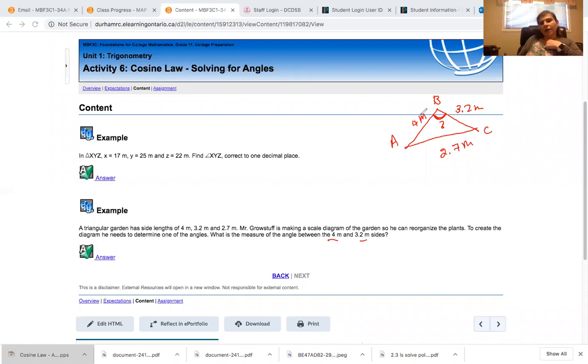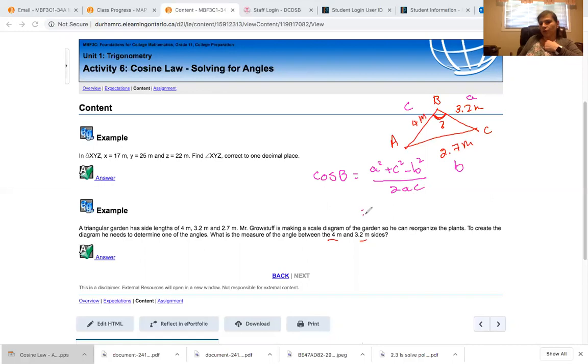Because I'm looking for angle B, what I need to do is use the formula where I'm looking for cosine B. So first of all, this is side C, this is side B, and this is side A. Because I'm looking for angle B, the formula is going to be cosine B is equal to A squared plus C squared minus B squared over 2AC.